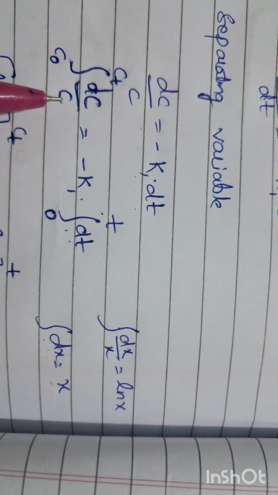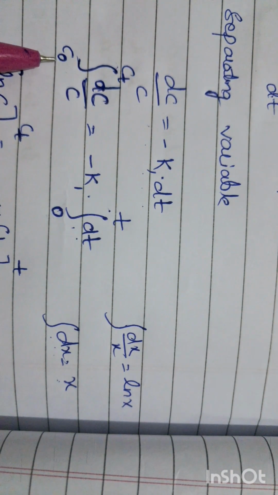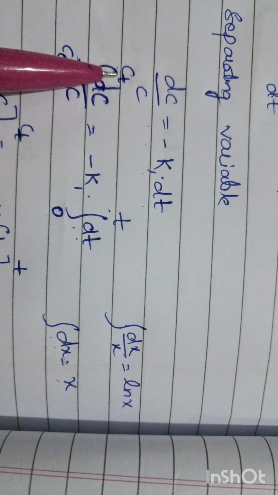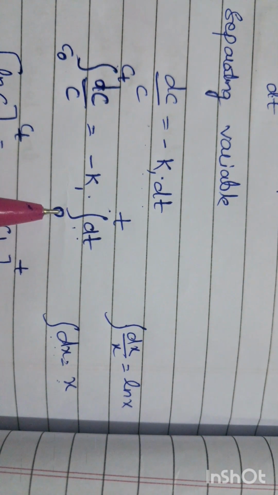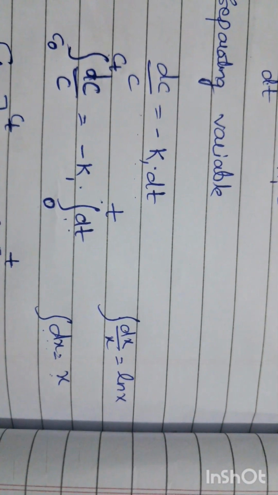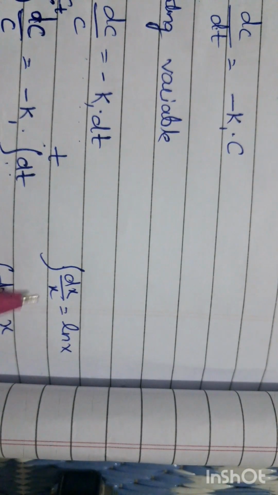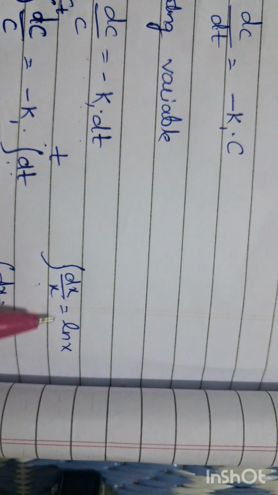Now integrating on both sides, we get the integration of dC by C between the initial concentration C0 and the final concentration Ct, equal to minus K1 into the integration of dt, between time 0 and final time T. The formula for the integration of dx by x is ln of x.